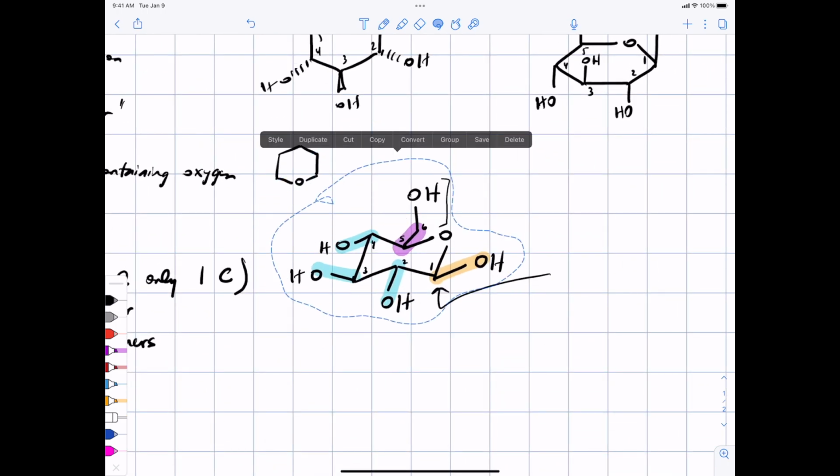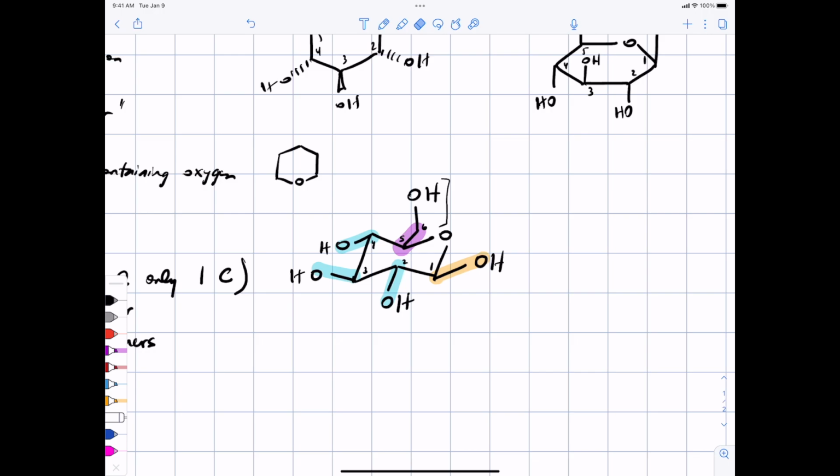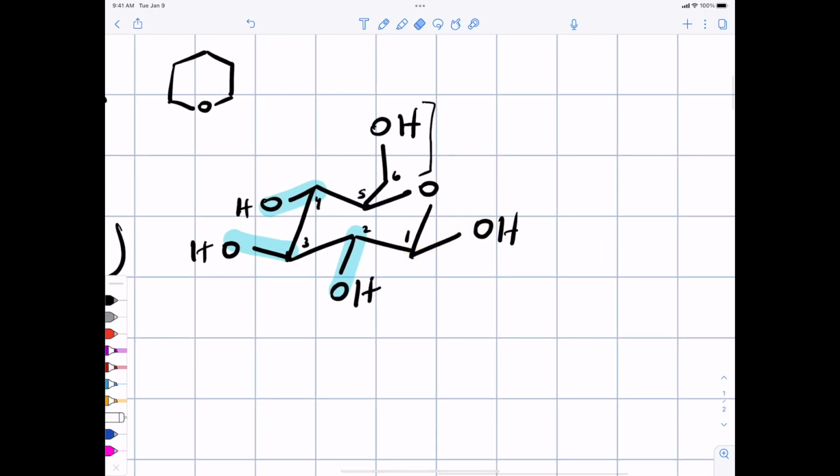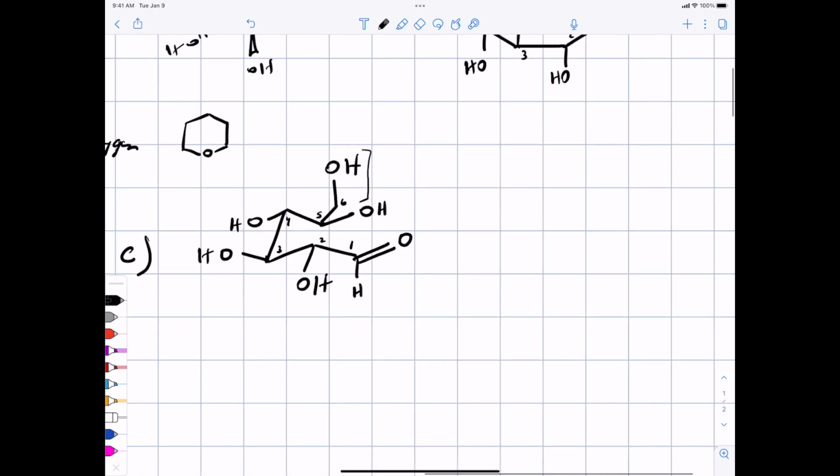The carbon that's bonded to the two oxygens is the hemiacetal carbon. This oxygen is the one that becomes the aldehyde. This one becomes an OH group. You simply erase that bond and put a pi bond there. Behold, the linear form of glucose, the open chain form.